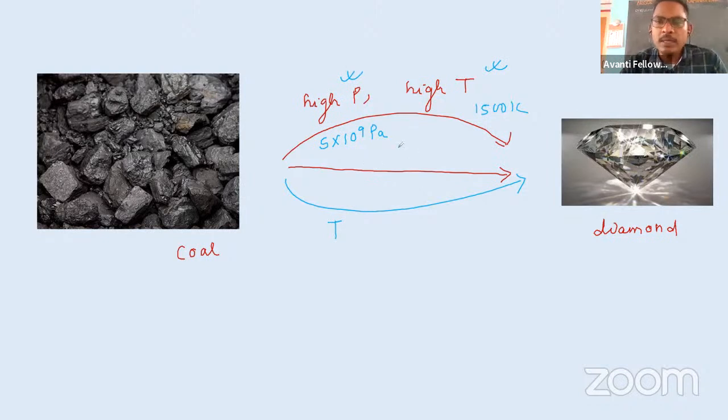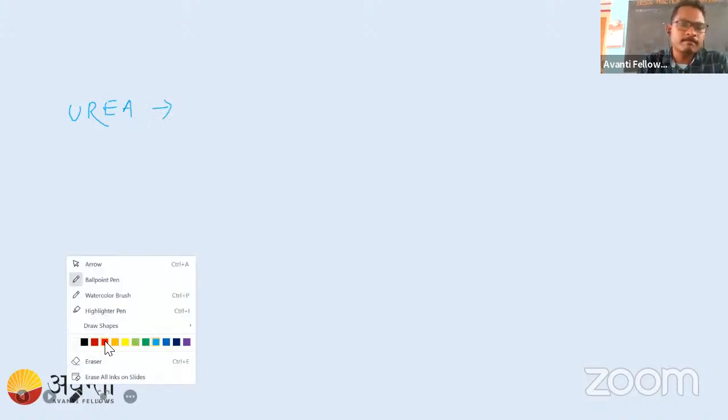For example, everyone knows urea. Urea is a fertilizer, and we can produce it from ammonia, which can be produced from nitrogen and hydrogen.